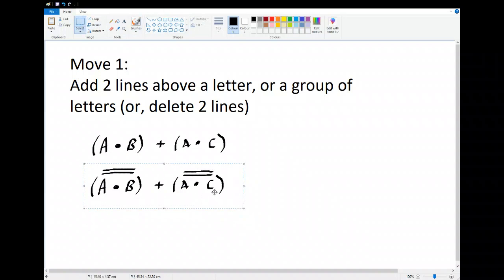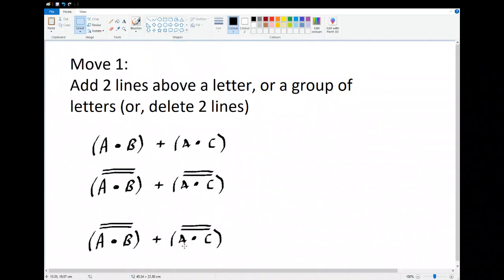Remember, we're playing a game here. You're going to see why you would do this shortly. And you could also actually put 2 lines over the whole lot. So we drop 2 lines over the whole thing. All of those are a legitimate move. Adding 2 lines above the bracket, that's a legitimate move. Adding 2 lines above the whole thing.